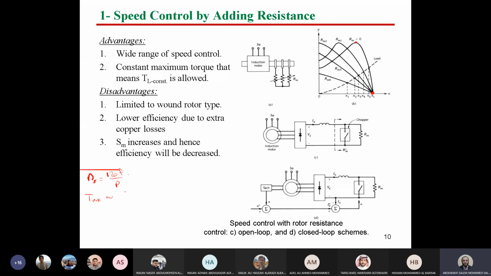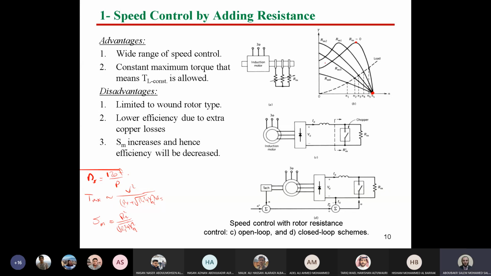It's proportional to V square over R1 plus square root of R1 square plus X equivalent square, all multiplied by omega S. Right, guys? We have also Sm at the same point, which corresponds to maximum torque. Sm equals R2 prime over square root of R1 square plus X equivalent square.